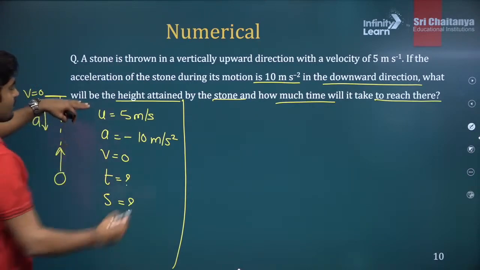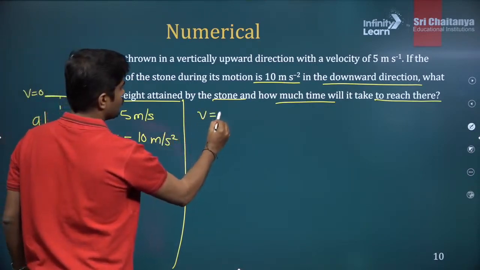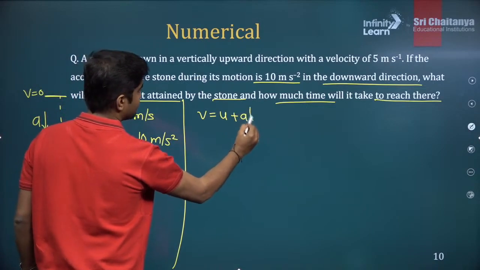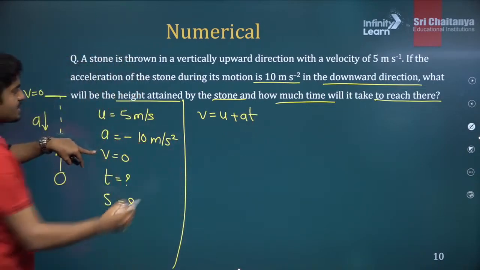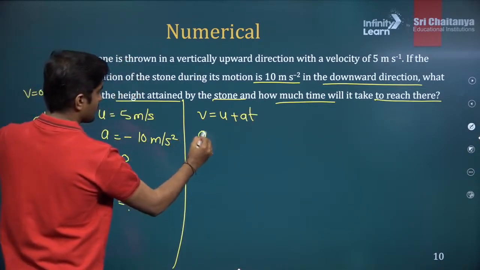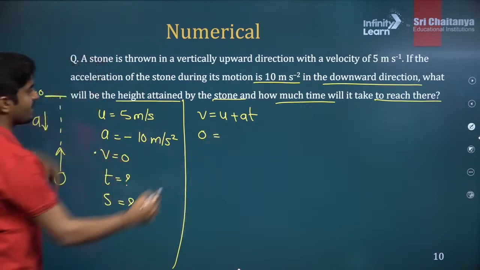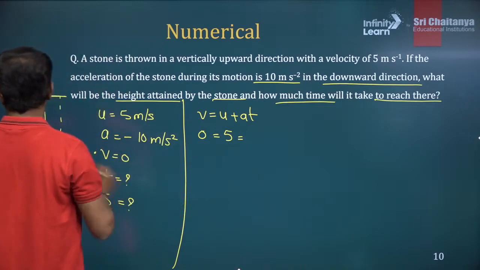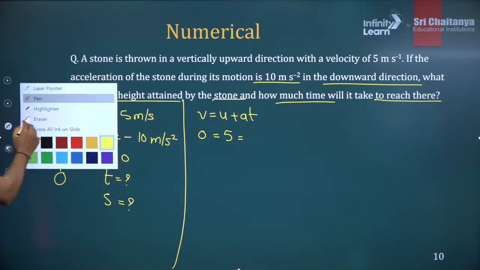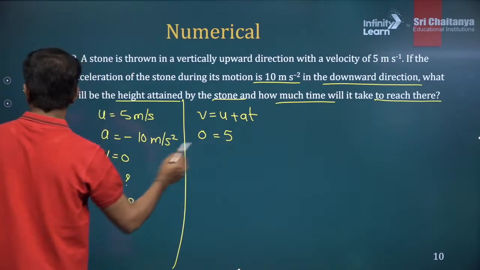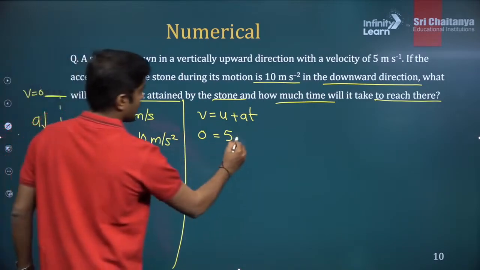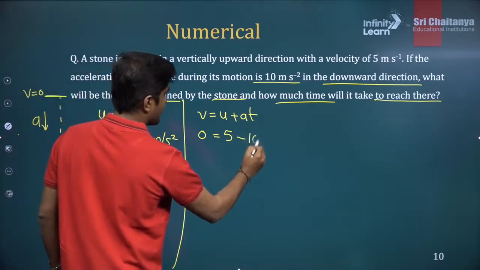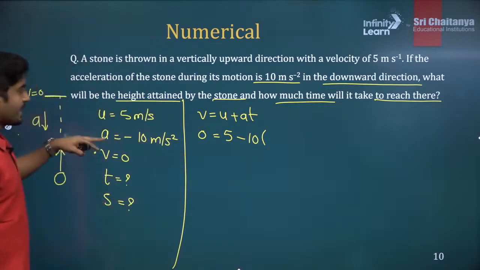So let's use the first equation: V is equal to U plus A T. Final velocity is 0. Initial velocity is 5. Acceleration is minus 10, multiplied by time, which we need to calculate.